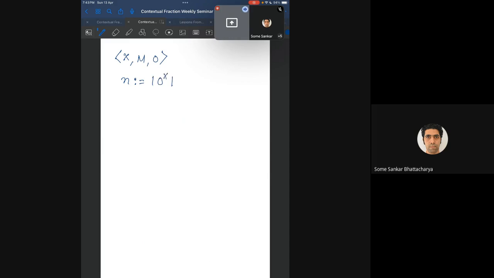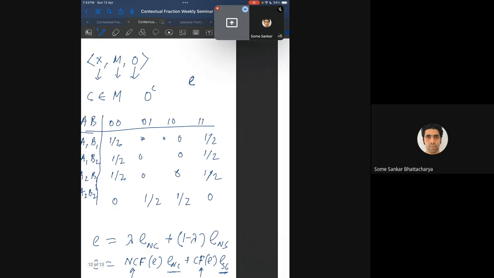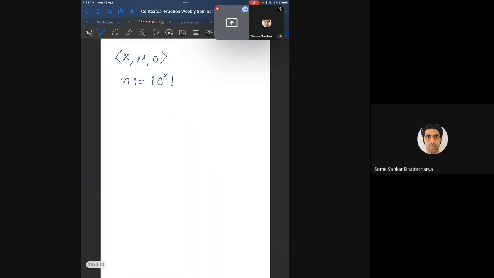This set is O_X, the set of all outcomes of all measurements, because X is the set of all measurements. So in the CHSH kind of scenario, a two-party, two-input, two-output scenario, how large will this cardinality be? This is essentially 16.